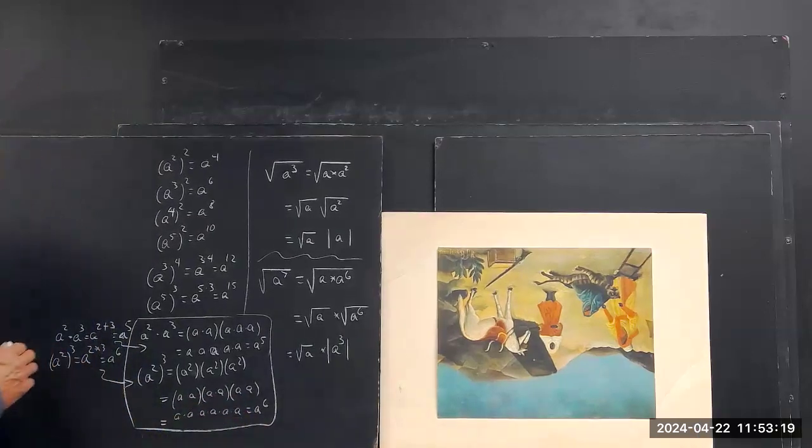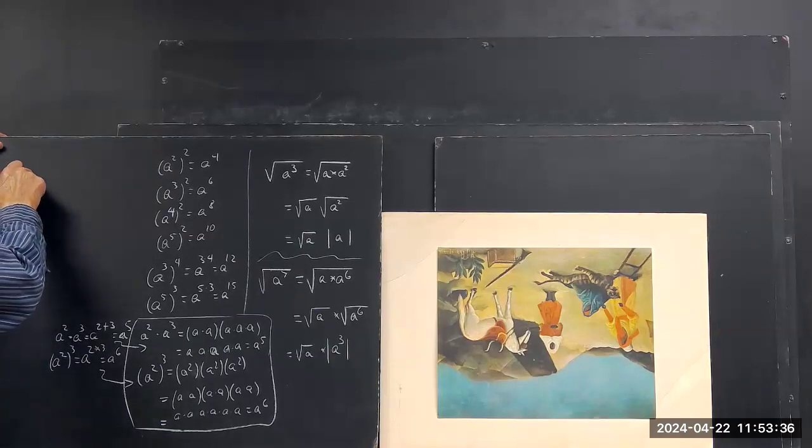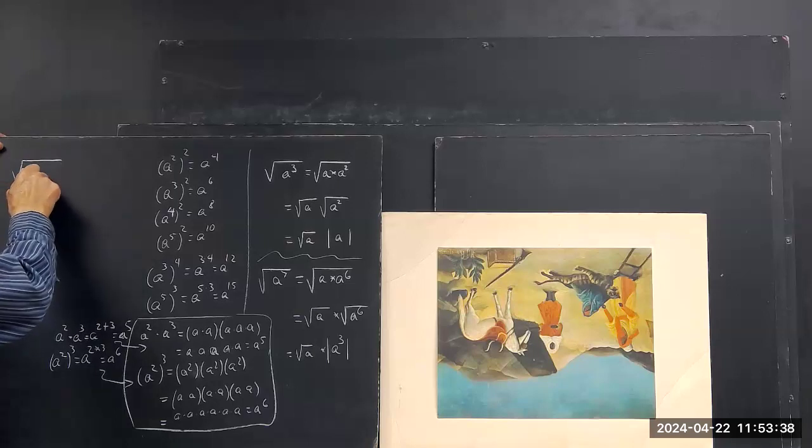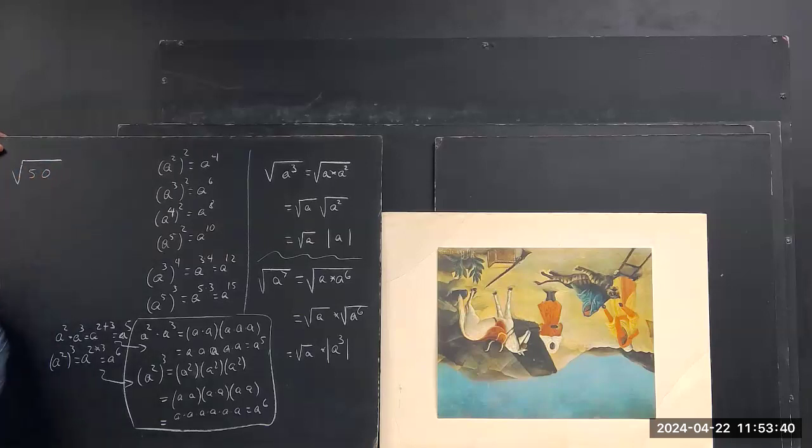Let's look at another example. Actually, I can't do that example with square roots. Okay, so I'm going to stick to square roots. Okay, so let's try now. Square root of 50.